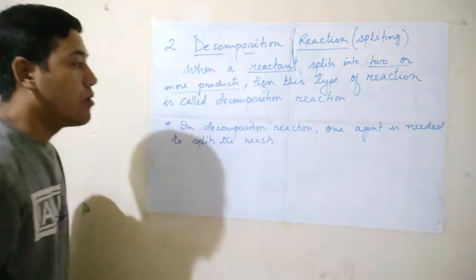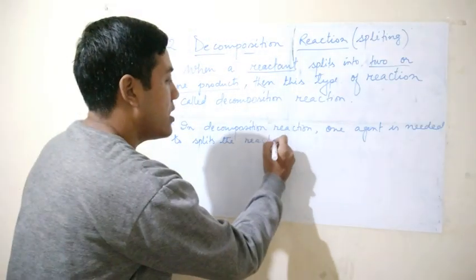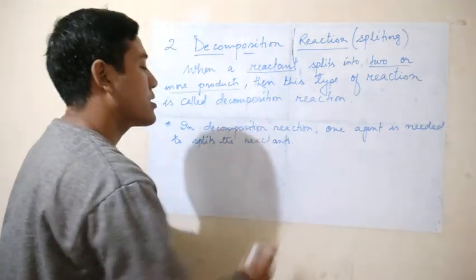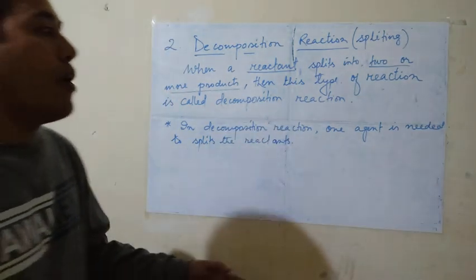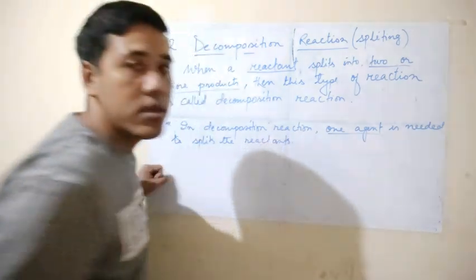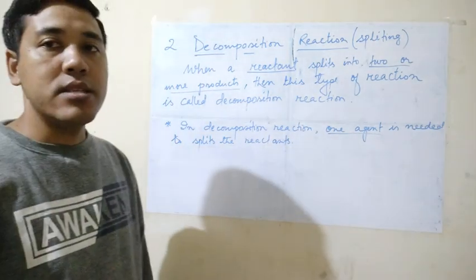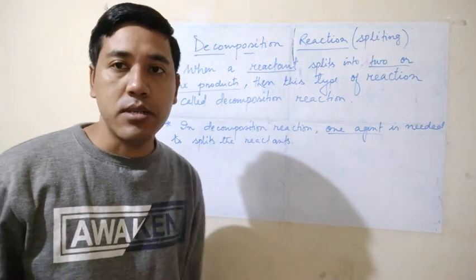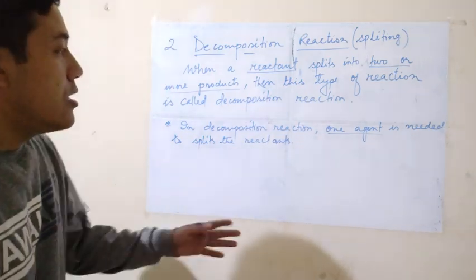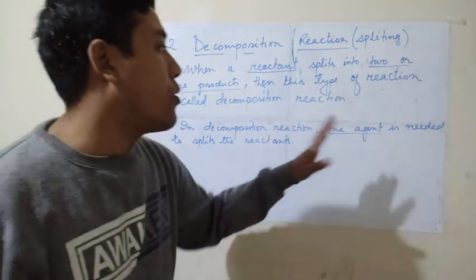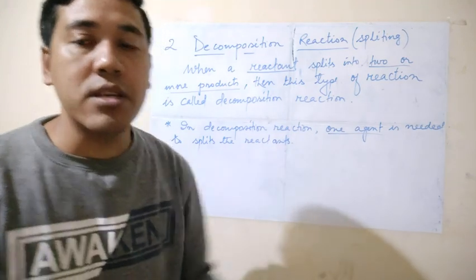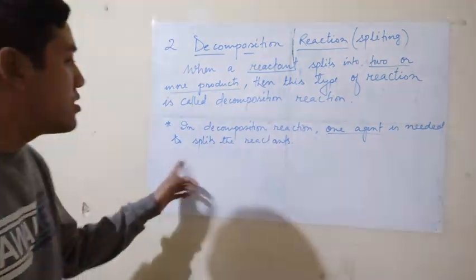In any kind of decomposition reaction, one agent is required. Without this agent, the decomposition reaction will not happen. That is why the decomposition reaction always needs one agent to split up, to break down the reactants.